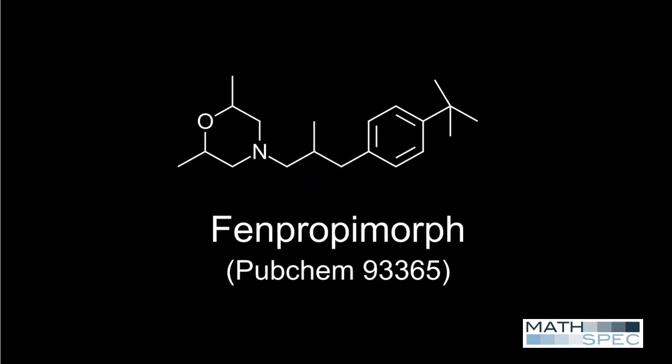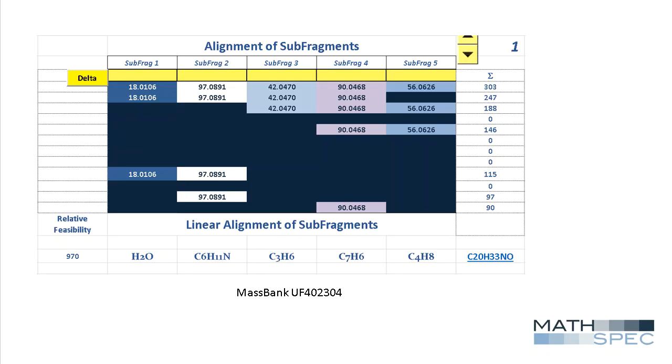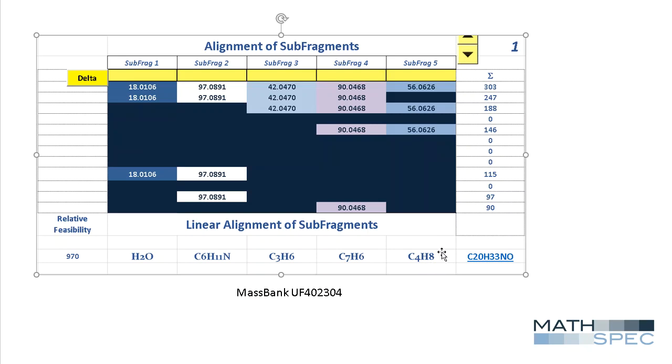If we look at fenpropimorph, the compound can be analyzed the same way, and I found that partition 3 has a very similar set of masses and exactly the same formulas, except subfragment 5, subformula 5, is C4H8O versus C4H8.